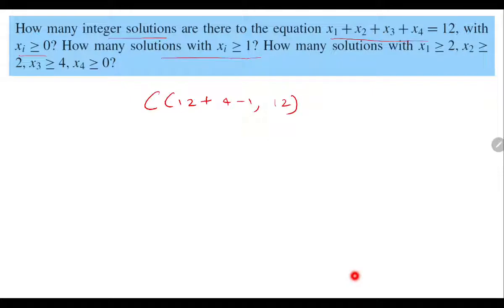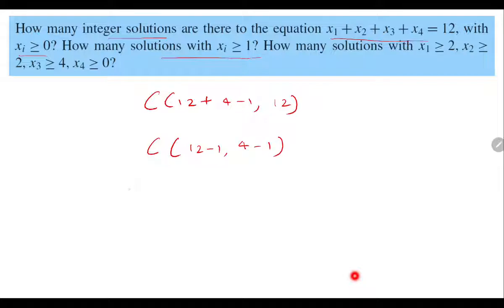How many solutions with xi greater than or equal to 1? We just discussed it: the case to distribute R identical balls with at least one ball in each box, which is C(R minus 1, n minus 1).